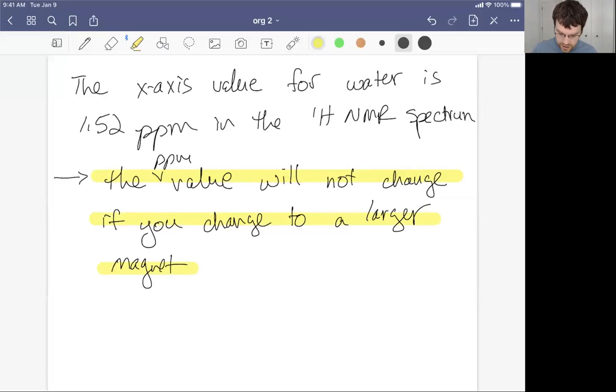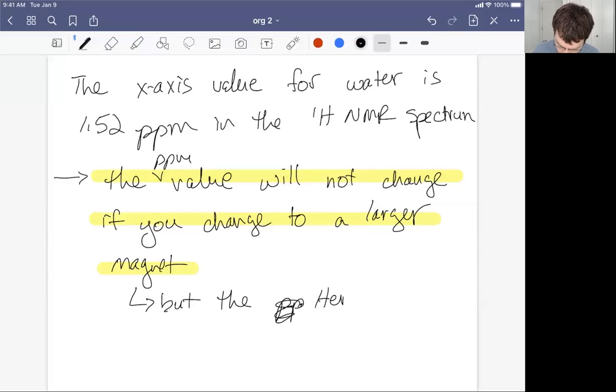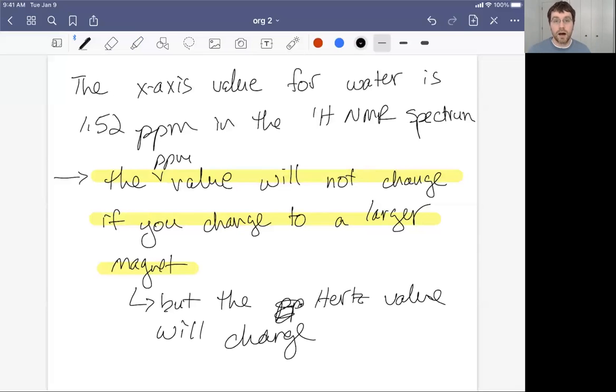The hertz value changes, the ppm value will not change. So that's another reason why we report our relative frequencies as parts per million values.